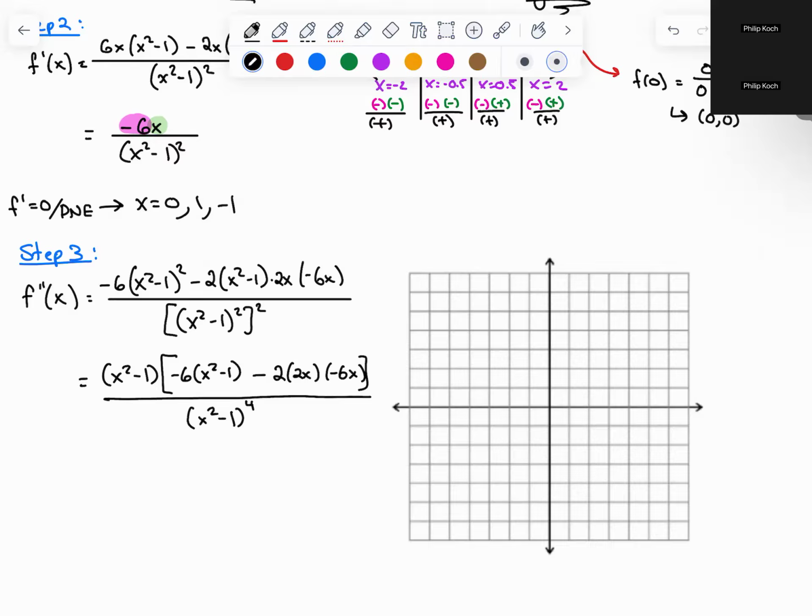And so one of the factors of x squared minus 1 will cancel. And then we just have to do a little bit of simplification. You'll get a negative 6x squared plus 6, and then you'll get a plus 24x squared.